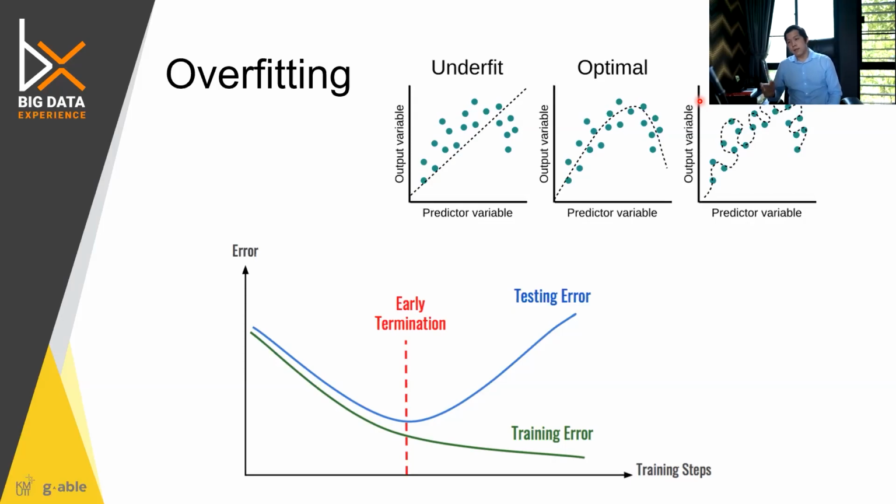But consider that you want to do regression, and you use just a line to fit this curve, then you get underfit. That means the parameters that you have cannot capture the variations. Optimal fit would give you the result like this one, passing through the middle, right? But if you increase the model to be too complex, you can get into this situation.